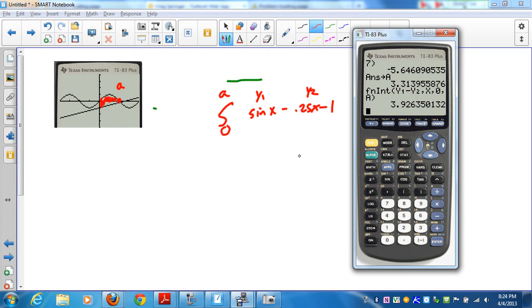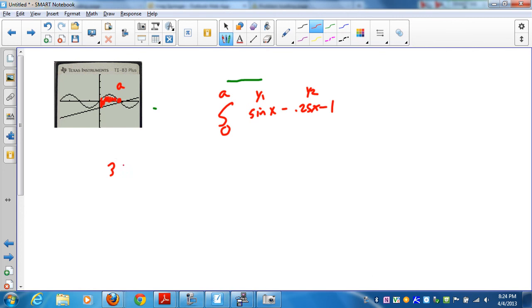Okay, just a word about number 38. This is no longer tested on the A/B test. They don't require you to do the shell method, so let's skip that one. The answer is E. But if you want to try it, the integral is 2 pi, 0 to wherever it intersects, and then this x is in here.